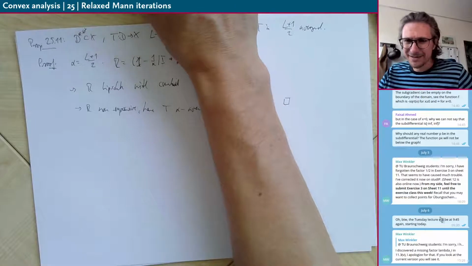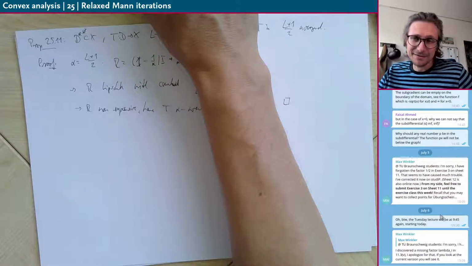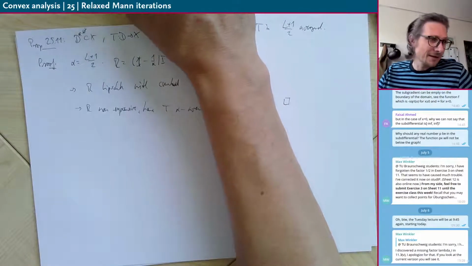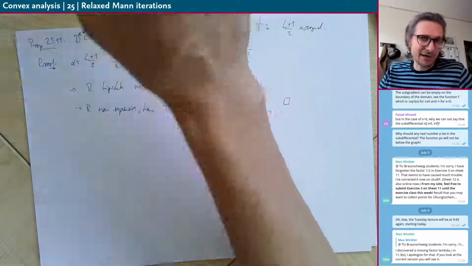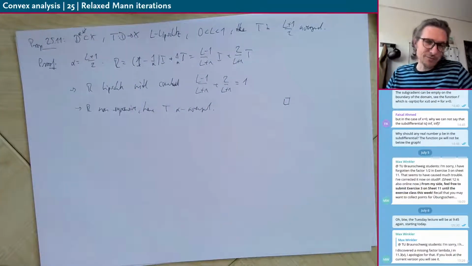Okay, and then the next lecture is tomorrow, where we're going to analyze the proximal point algorithm, which is a kind of general method. It's basically just iterating on the resolvents of a monotone operator, and then you converge to a solution of the inclusion.